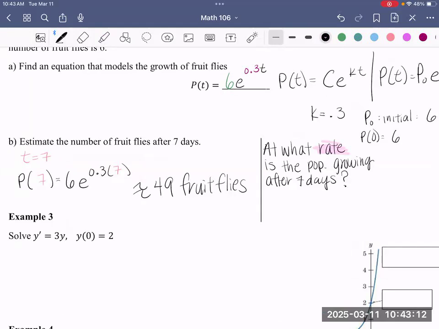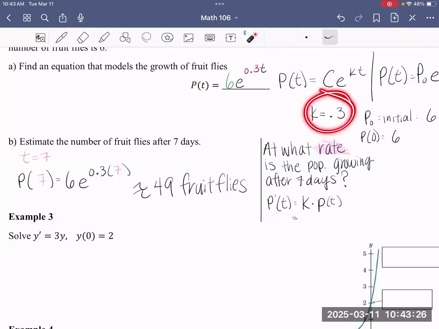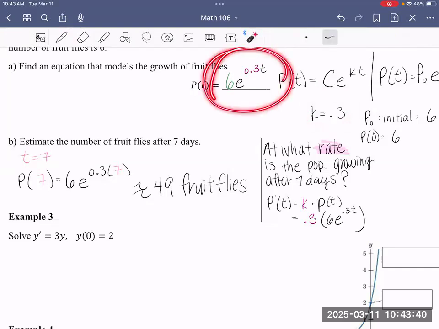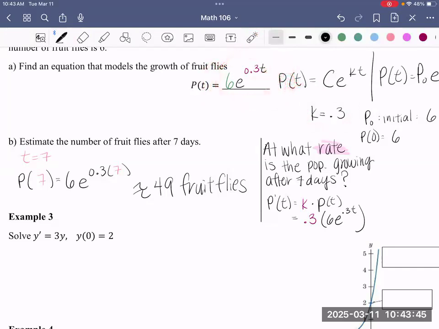And we said your derivative of P of t is itself, so it's k times P of t. Well, k we said was 0.3. And P is 6e to the 0.3t. Or you can take the time to do your chain rule, right? We write it all down and then multiply everything by 0.3.